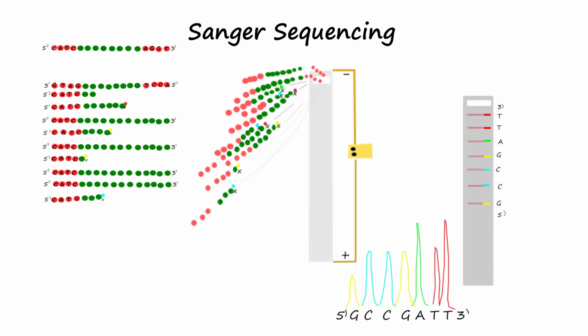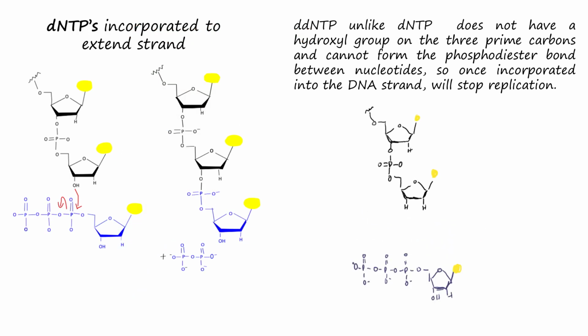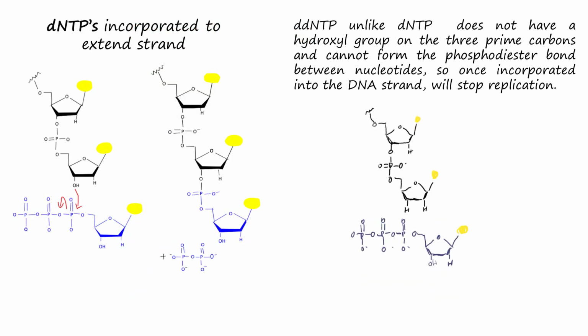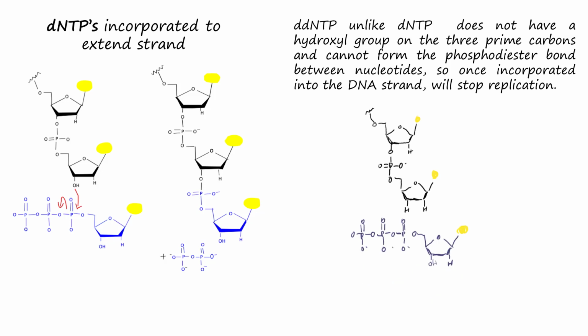Automated Sanger sequencing requires a low concentration of dye-labeled dideoxynucleotide triphosphates, ddNTPs, in addition to the standard requirements for in vitro DNA synthesis. ddNTP, unlike dNTP, does not have a hydroxyl group on the 3' carbon and cannot form the phosphodiester bond between nucleotides.